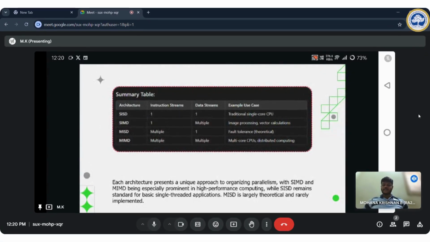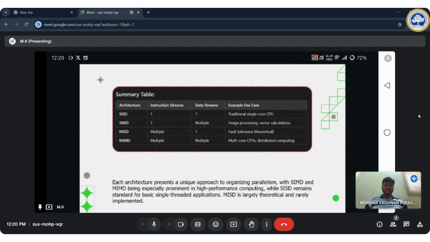Finally, the summary table. In the summary table: architectures, instruction streams, data streams, example. The architectures are SISD, SIMD, MISD, and MIMD. First, SISD: instruction stream 1, data stream also 1. Example: traditional single core CPU. SIMD: instruction stream is one, data stream is multiple.